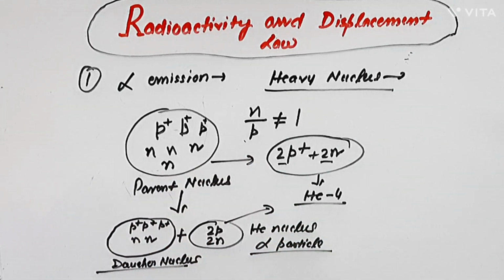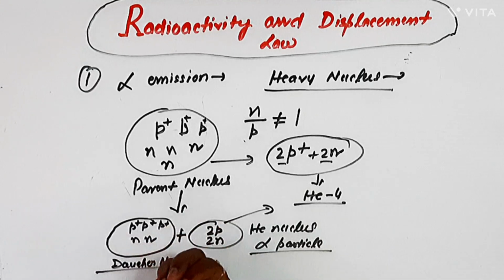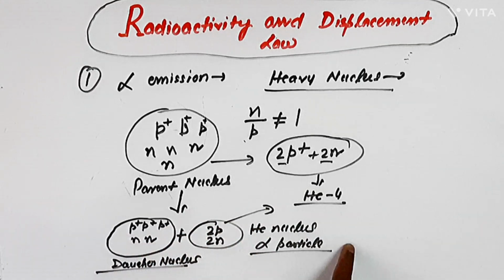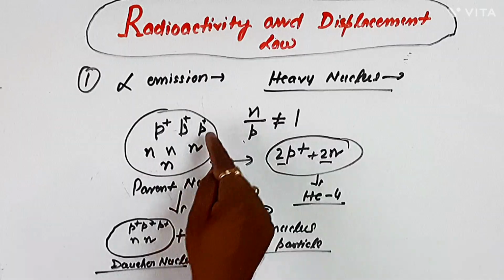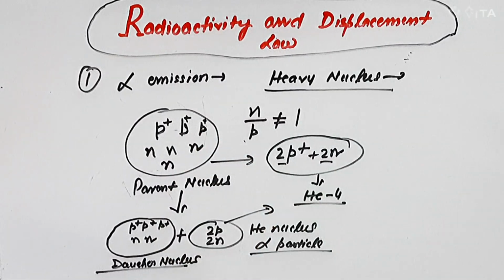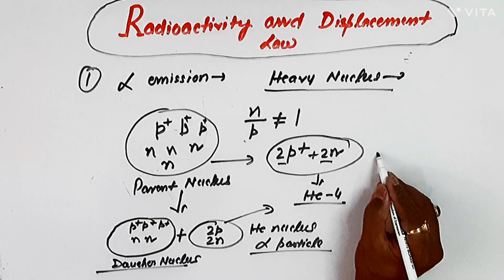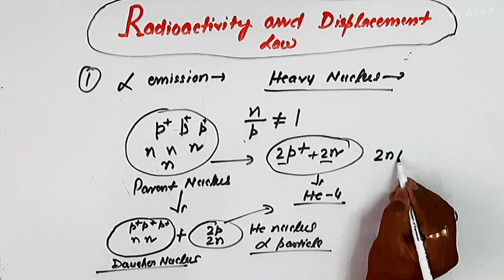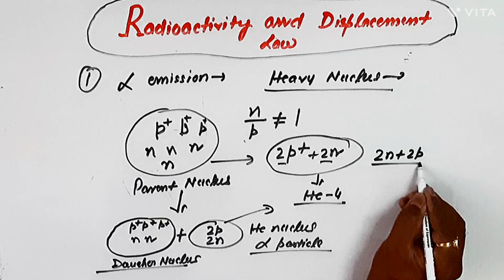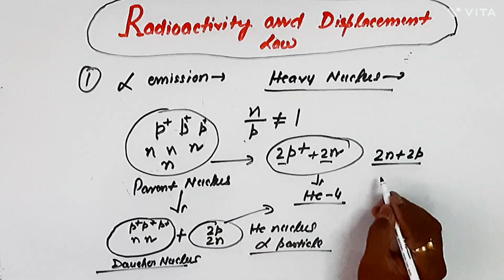So how will we see it: if the parent nucleus ejected a helium nucleus, and what remained is the daughter nucleus, it is totally different from the parent nucleus. In this process, 2 neutrons and 2 protons are reduced from the parent nucleus. Means what?